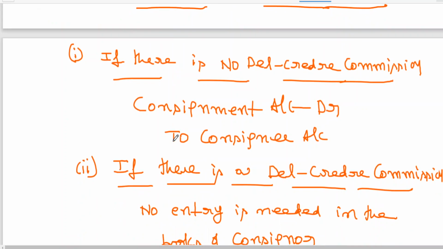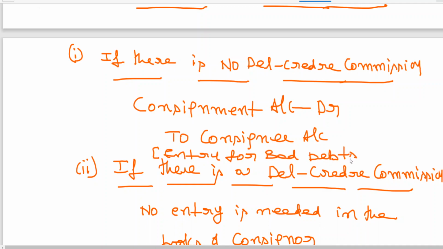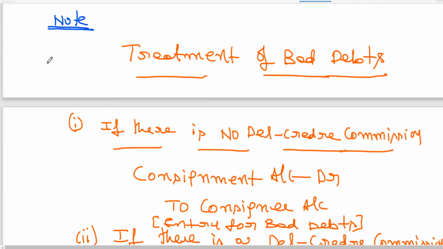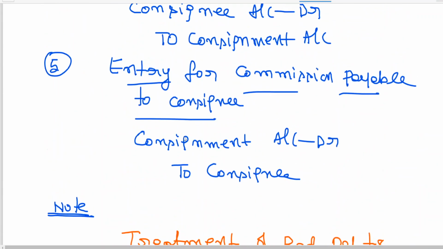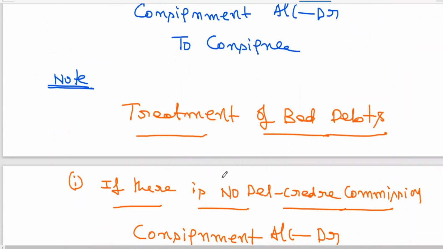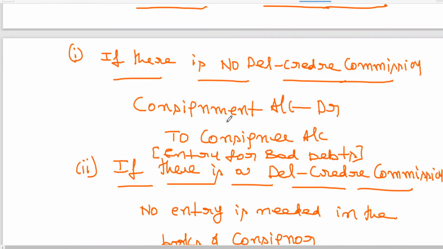If there is no del credere commission, consignment to consignee. This is the entry for bad debts. Is this clear to all of you? So the entry for commission will be the same: consignment account debtor to consignee. Treatment of bad debts: if there is no del credere commission, the entry will be consignment account debtor to consignee only. The reason is that bad debts are also going to be borne by the consignor.